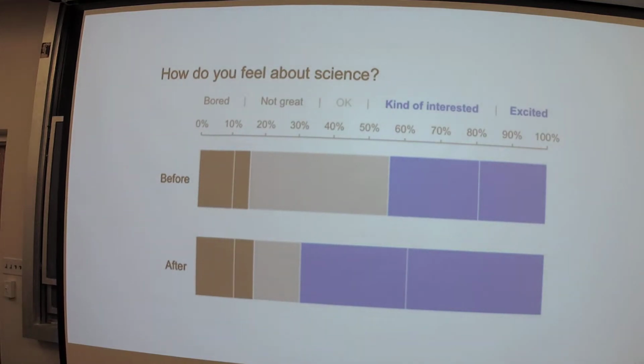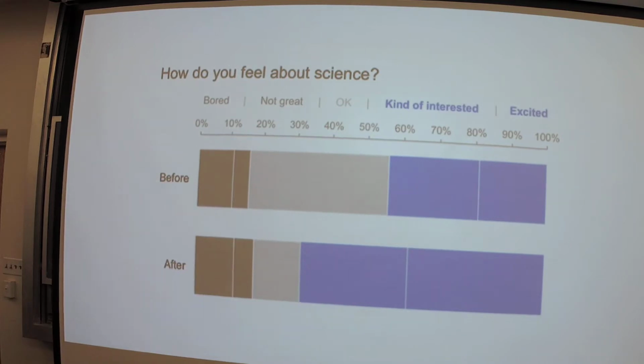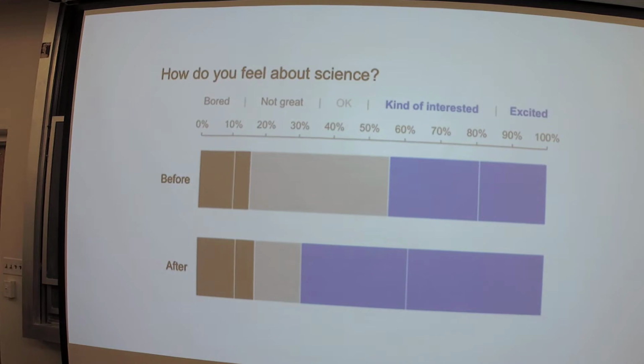So what is the data in this example here? Is it qualitative, quantitative, both? Yeah. Qualitative data about how you feel towards science. These are categories, but we also have numbers about the categories, right?